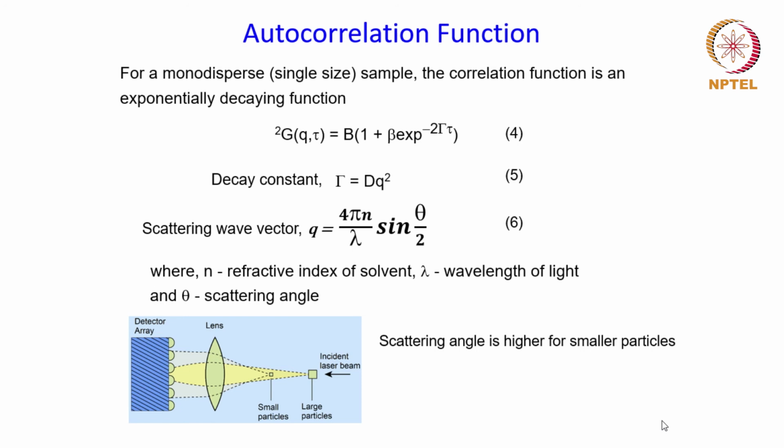And for a polydispersed sample which contains particles of different sizes, which is generally the case, this generic form of the autocorrelation function can be used, where this term that you see over here is the sum of all the exponential decays contained in the autocorrelation function.